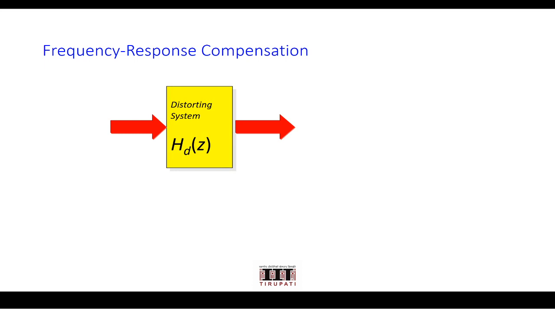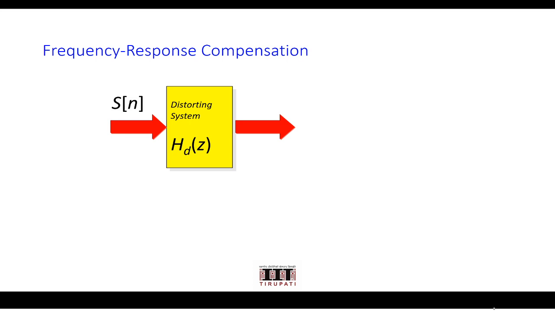So far we have seen in theory what it is. Assume that you are sending your discrete time signal over a communication channel to reach the other end, and assume that there is some distortion happening within that system. So how do you get back your signal is the question.